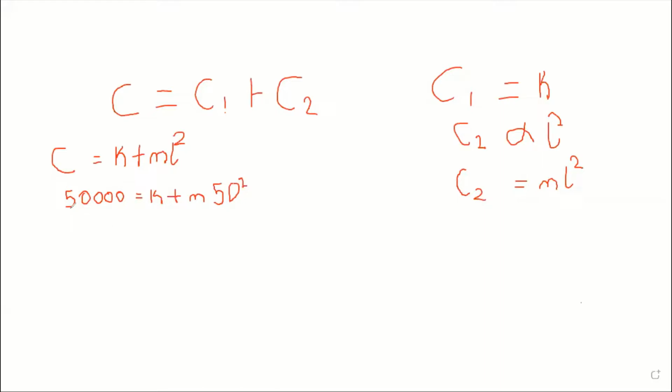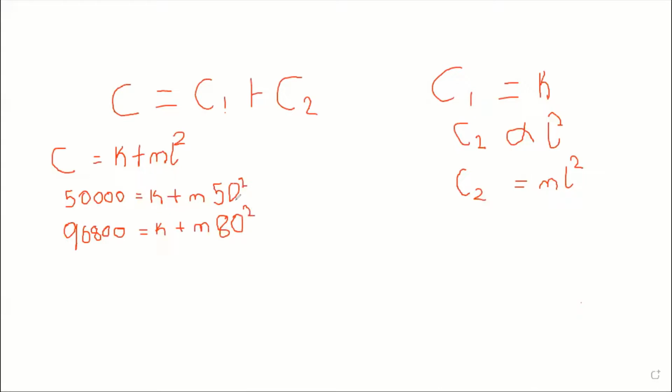And the second part says the cost of a roll length, 80 meters, is 96,800. So 96,800 is equal to K plus M, and the length is 80, so 80 squared.